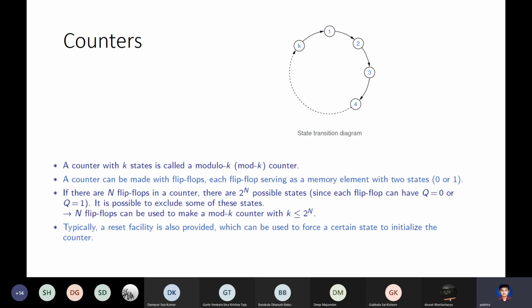It waits for the next up edge of the clock and only then makes a change, whereas in a level control, it's immediate whenever the input comes. And you can also have the negative edge triggered flip-flop, where on the down edge there is a transition.